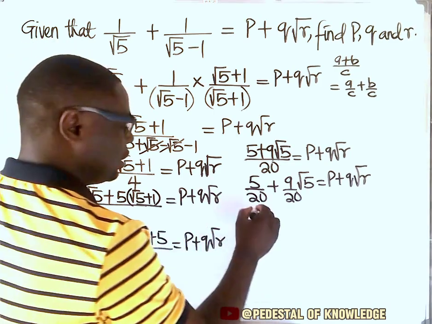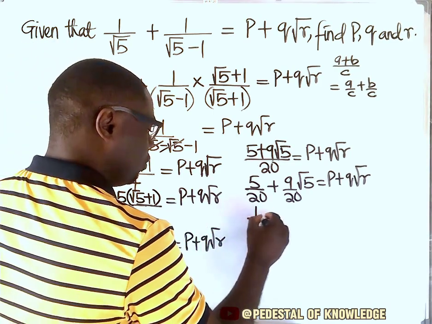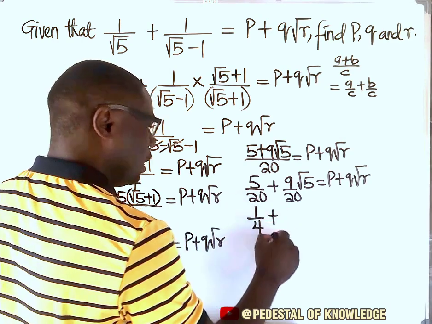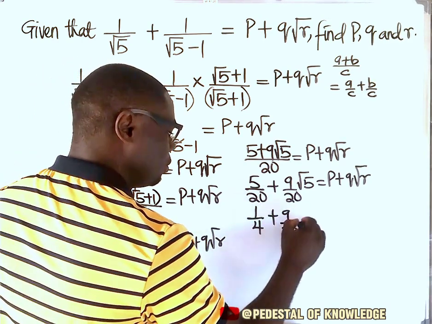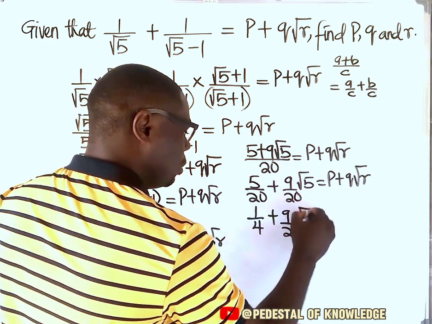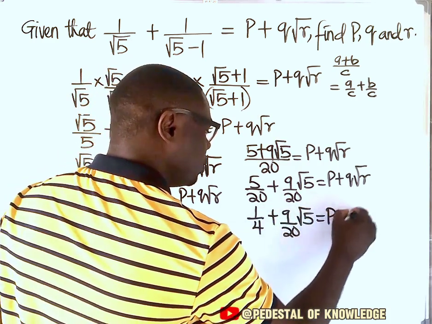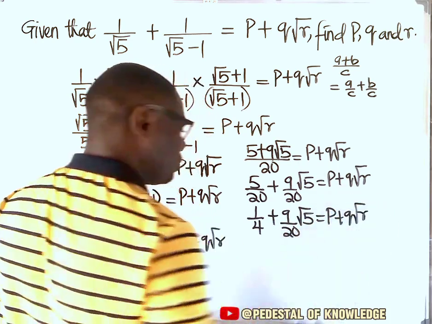So 5 over 20 is the same thing as 1 over 4. So 1 over 4 plus, now 9 cannot divide 20. We put it down, 9 over 20 root 5 is equal to P plus Q root R.